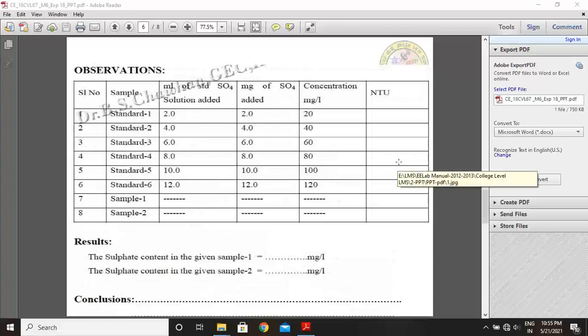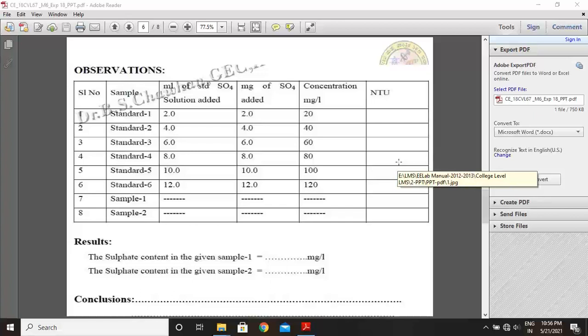Now see how to write the observations. This is the table for the observations. Column number 1 is serial number, column 2 is sample, column 3 is ml of standard sulfate solution added, the 4th column is milligram of sulfate added, the 5th column is concentration in milligram per liter, and the last column is the result in NTU.